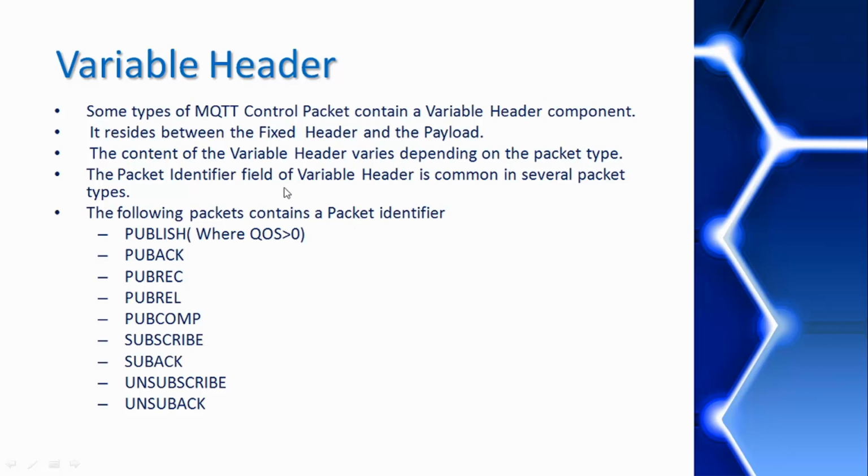The variable header of many MQTT control packet types includes a 2-byte integer, the packet identifier field, which is common in several packet types. The following packets contain a packet identifier: publish, puback, pubrec, pubrel, pubcomp, subscribe, suback, unsubscribe, unsuback.